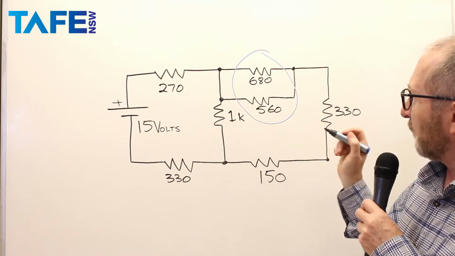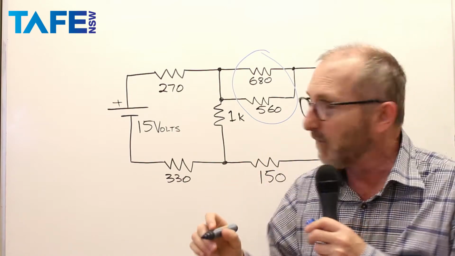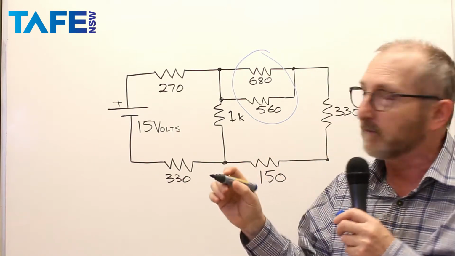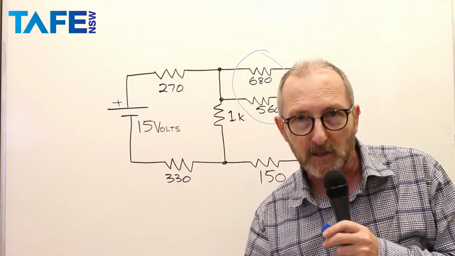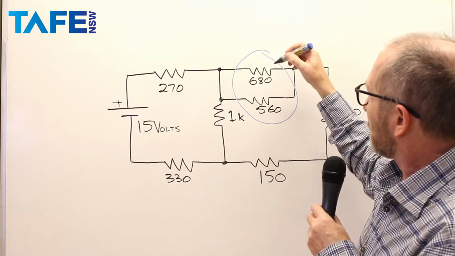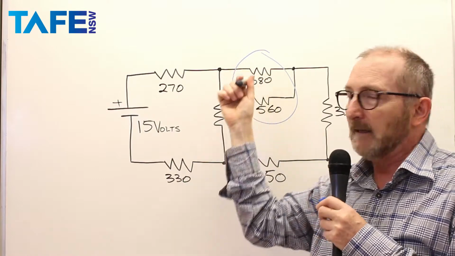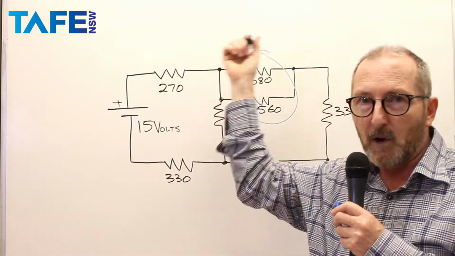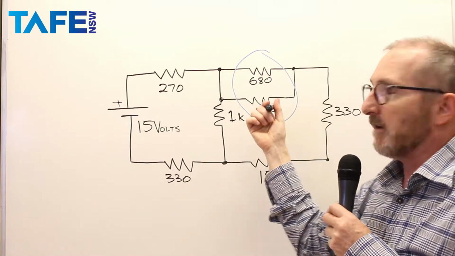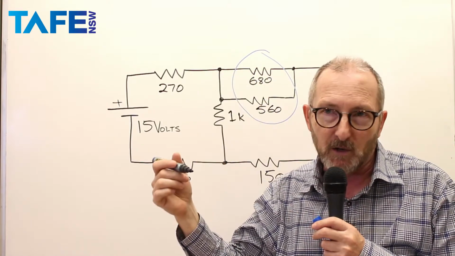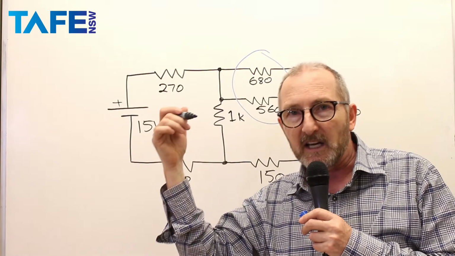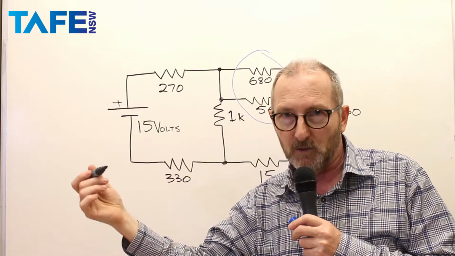In this particular example, I'll probably just use the sum of conductances because it's very easy to put into the calculator. On a simple calculator, it'd be 680 x to the minus 1 plus 560 x to the minus 1 equals, x to the minus 1 equals.